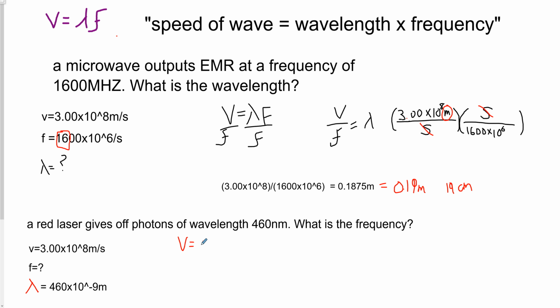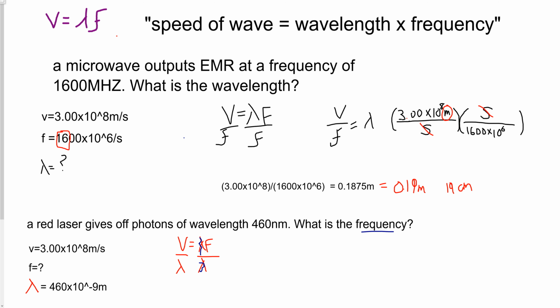Wavelength times frequency. We're looking for frequency, so we are going to divide both sides by lambda. And that lets us cross out lambda on this side. So goodbye to you. Hey, look, frequency. There we go. So we know we're doing it right.